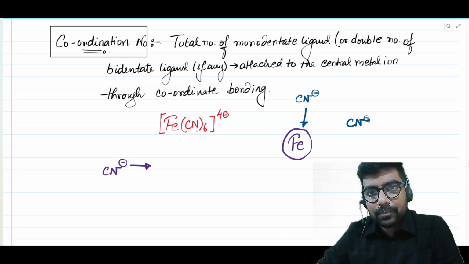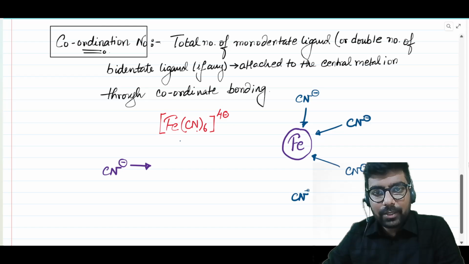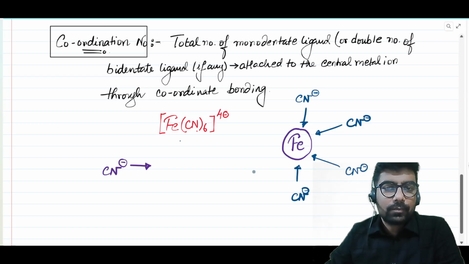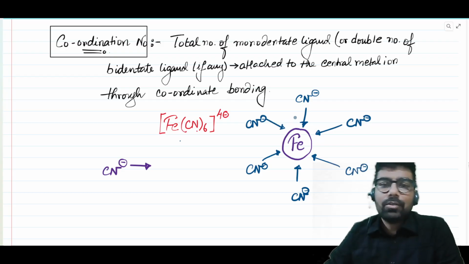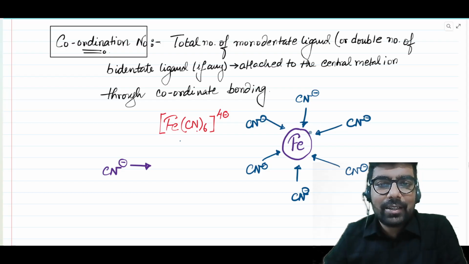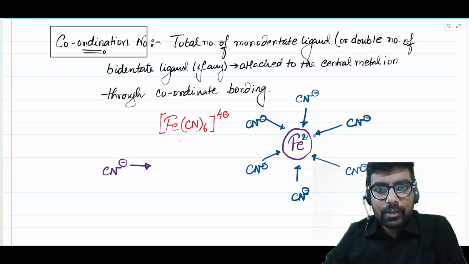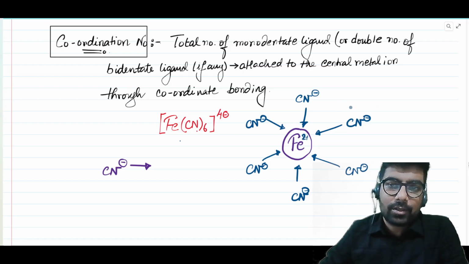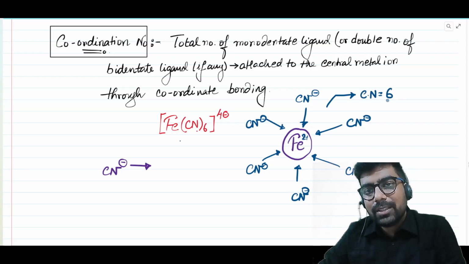CN minus, CN minus, CN minus, CN minus, CN minus, CN minus. So now you can see that 6 cyanide ions are directly attached to Fe2 plus, forming coordinate bonds. So what will be the coordination number of this compound? Coordination number is 6.